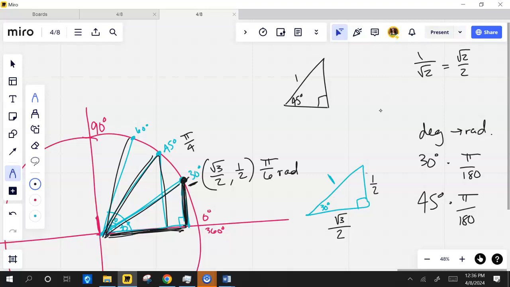Because I rationalized that bottom. So this is square root of 2 over 2, but that means this is also square root of 2 over 2. So it goes over the same amount it goes up. So the coordinates here are square root of 2 over 2, square root of 2 over 2. Remember, I just have to get this first quadrant derived, and the rest will follow.